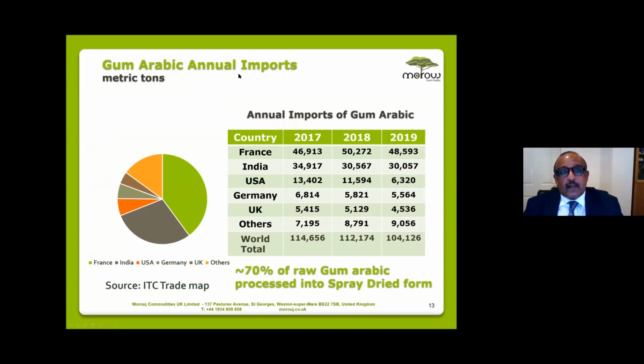On the annual import of gum arabic from Sudan and other African countries, you can see here France imports nearly 50% of the gum export because they have the two biggest producers of spray-dried gum arabic.